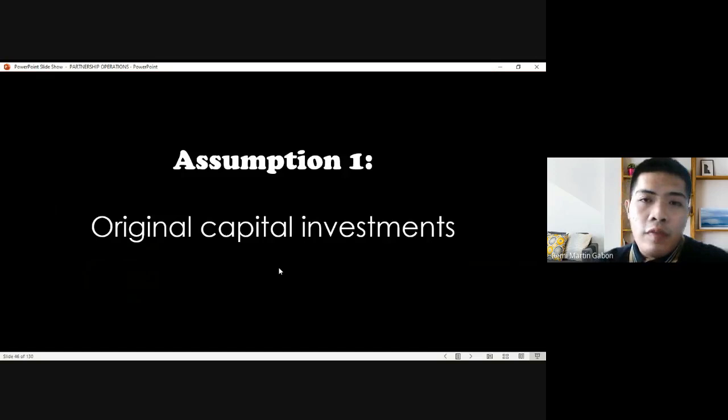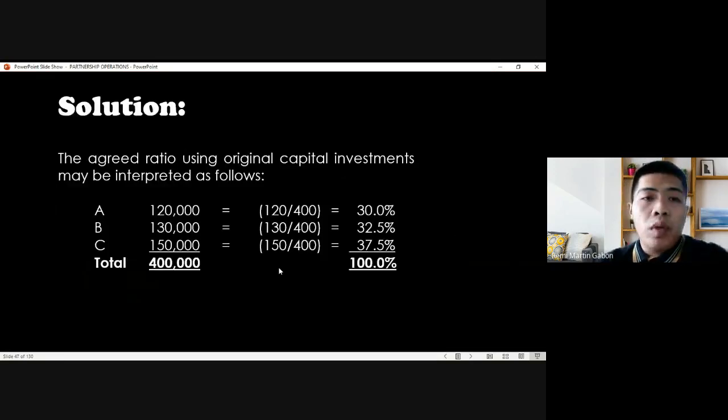So let's start with the first assumption, original capital investment, meaning we're going to use 120,000, 130,000, and 150,000. My way of interpreting the proportions is to make fractions out of the initial amounts.